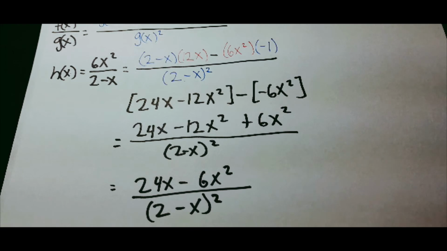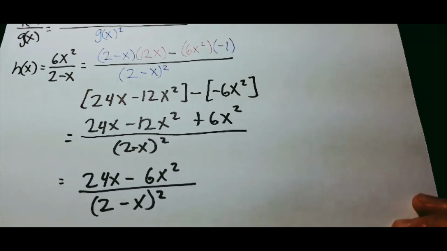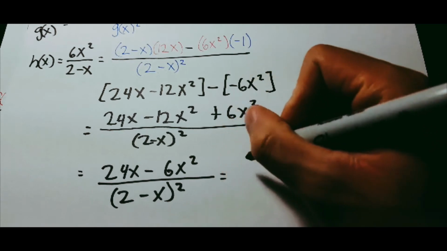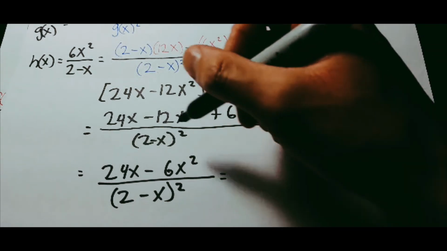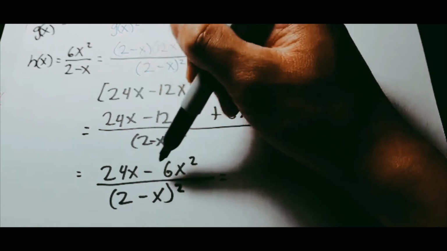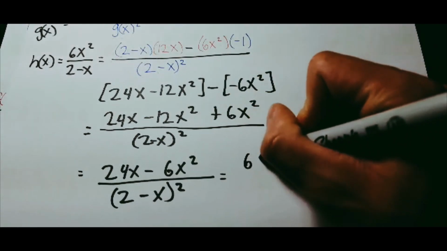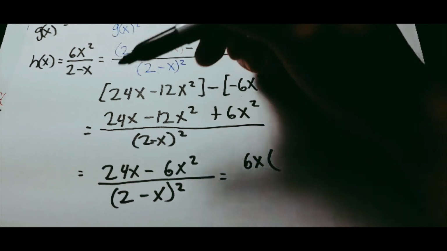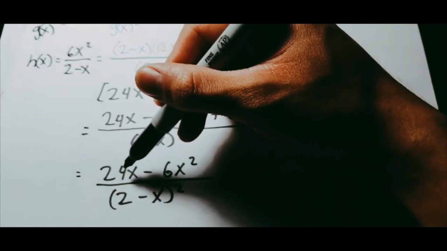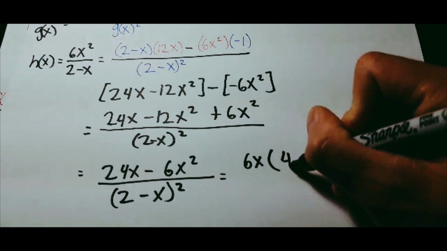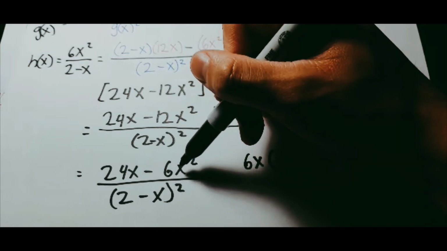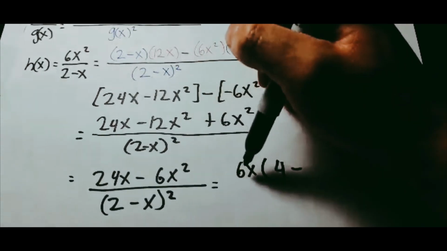And of course, just to make sure that we cannot cancel anymore, we can still simplify this. So it's going to be 6x times, so 24x divided by 6x is going to be 4 minus, this is all I have left over here, 6x squared divided by 6x.